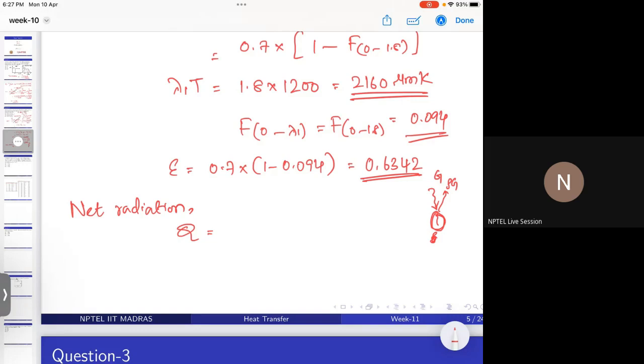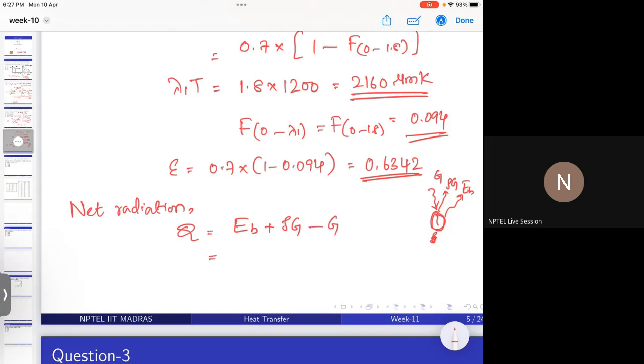And because of its temperature some emission is there, that is EB. So the net radiation is the one which is emitting, plus the reflected part, that is rho G, minus the incoming part.